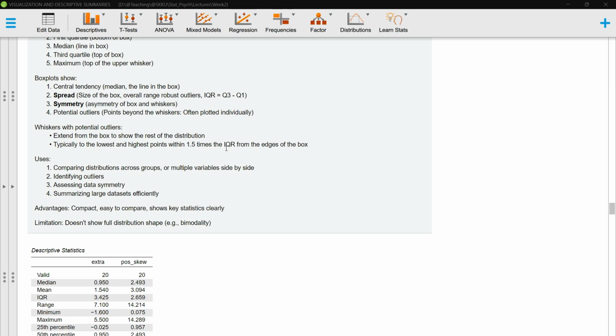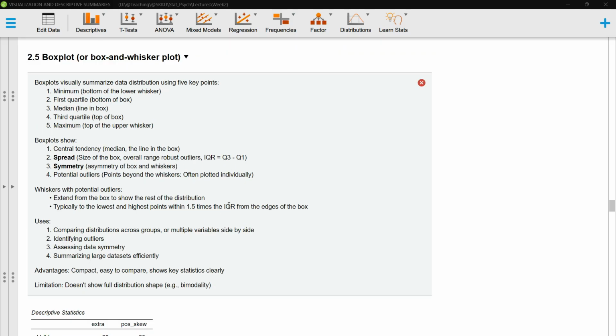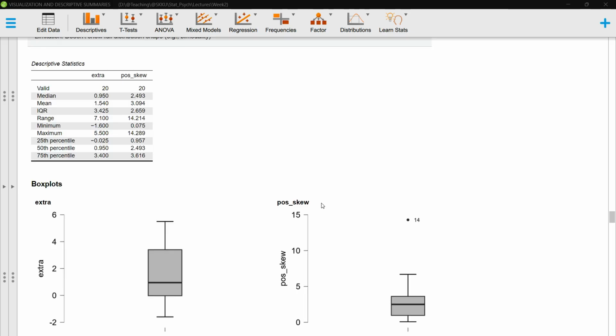So IQR is the interquartile range, you know that, and that is represented by the size of the box, right? The size of the box, Q3 minus Q1, is the amount of the spread, and that is exactly what IQR means. And 1.5 times the IQR is the determining factor of the outliers from the highest and lowest edge of the box, right?